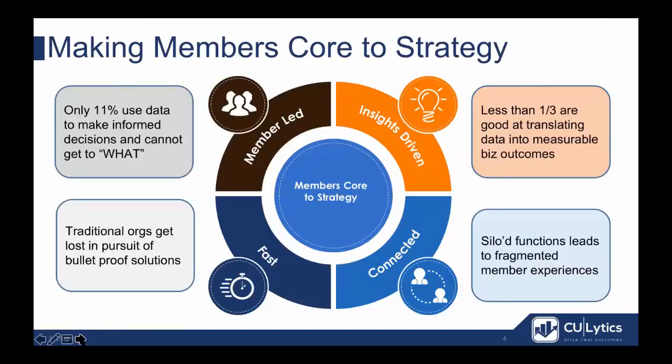So when we talk about data analytics and transformation, what it all boils down to is about making the members core to our strategy. What we are seeing is that only 11% of organizations use data to make informed decisions.